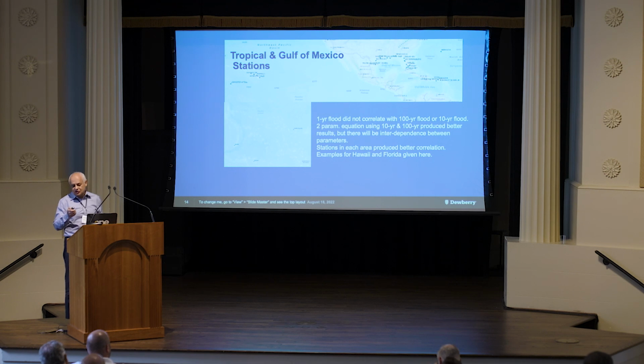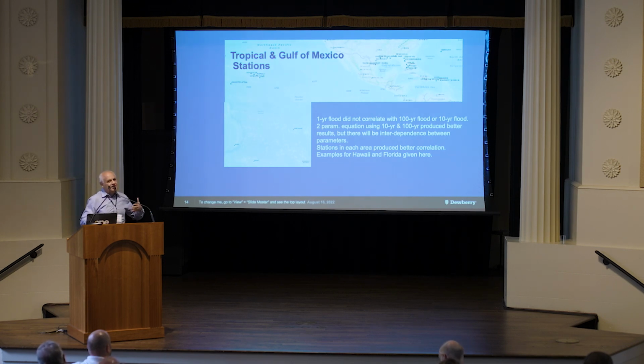The situation gets worse when you move to the tropical and Gulf of Mexico stations. Now, there are many islands involved, and the 1-year flood elevation didn't correlate very well with the 100-year or 10-year flood.